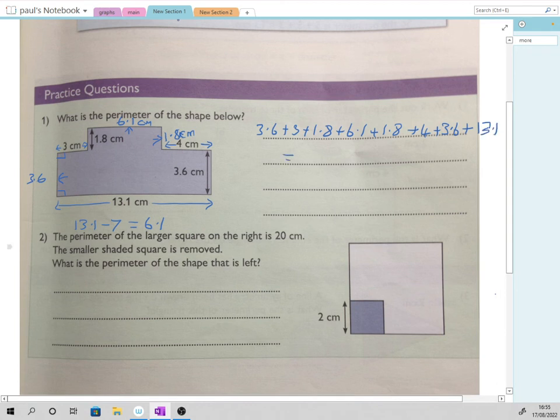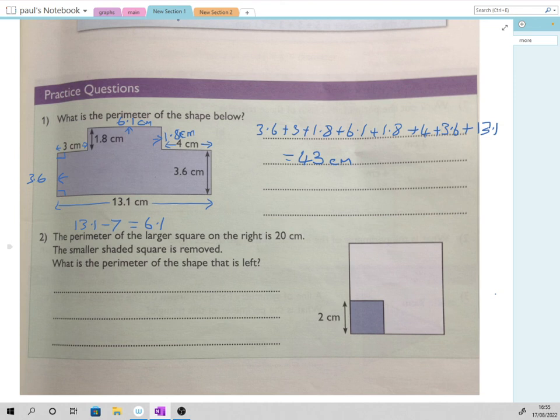Right, so now it's time for the calculator, and because there are so many numbers, be careful. 3.6 plus 3 plus 1.8 plus 6.1 plus 1.8 plus 4 plus 3.6 plus 13.1. Right, I get that to be 43. If I've made a mistake, let me know in the comments, but I get that to be 43 centimetres.